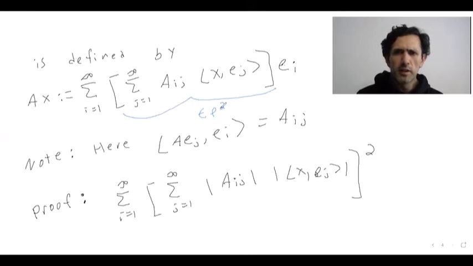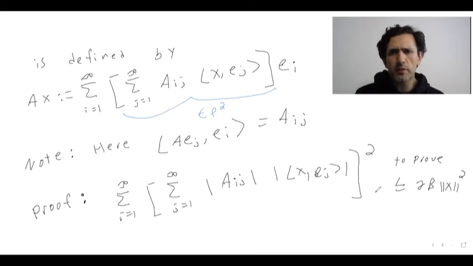Ultimately what I want to do is get that this is less than or equal to gamma beta times the norm of x squared.